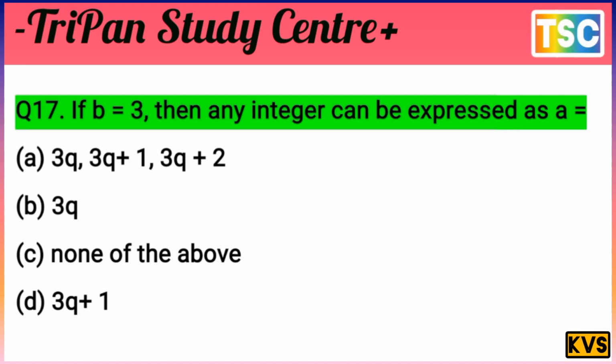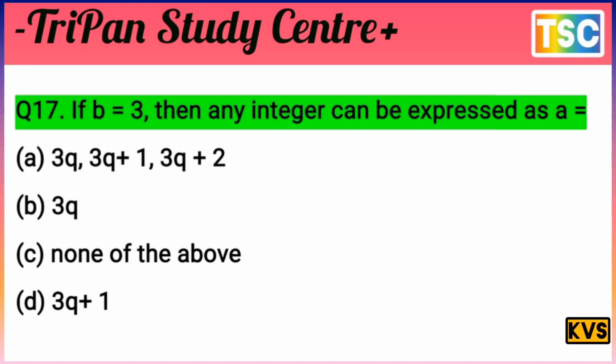The question is clear. If b is equal to 3, then any integer can be expressed as... Option D is 3q plus 1, which is already present in option A. And B is 3q, which is also present in A. And none of the above is not possible.